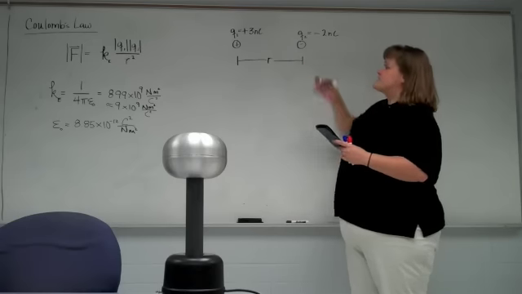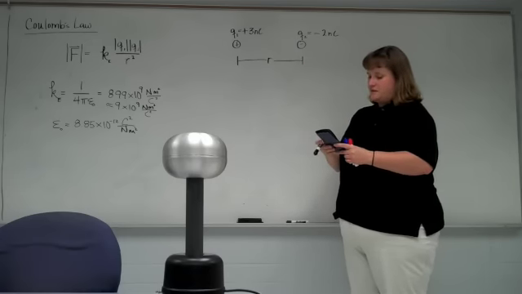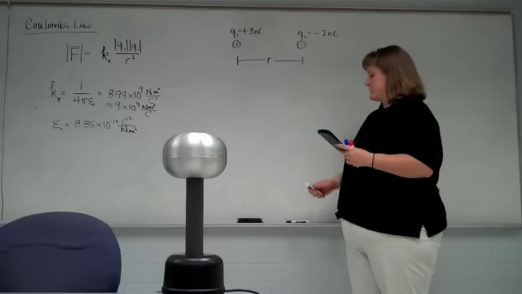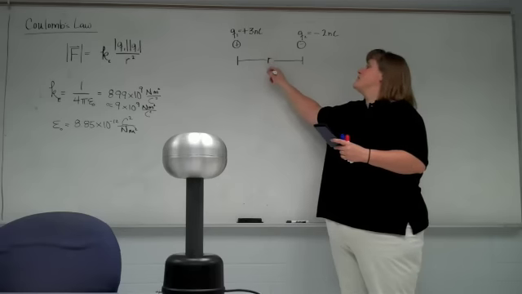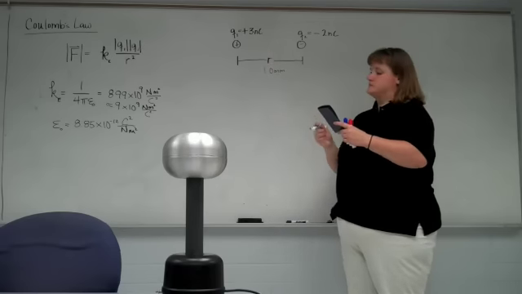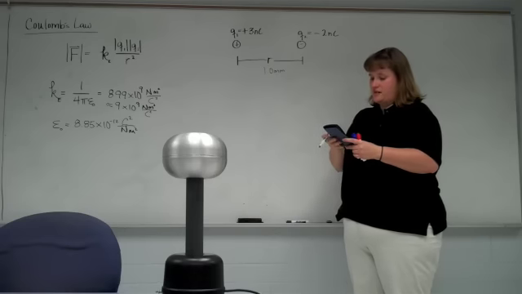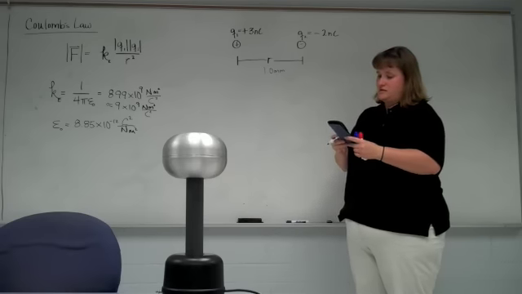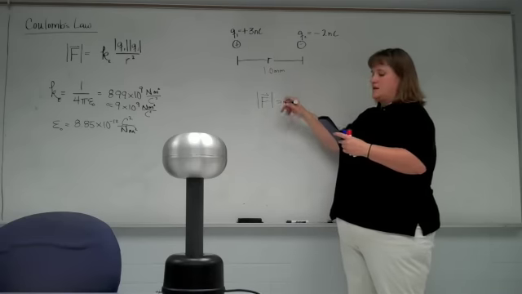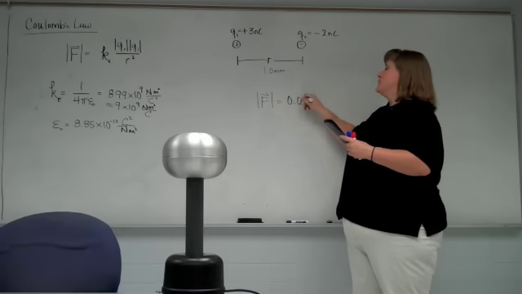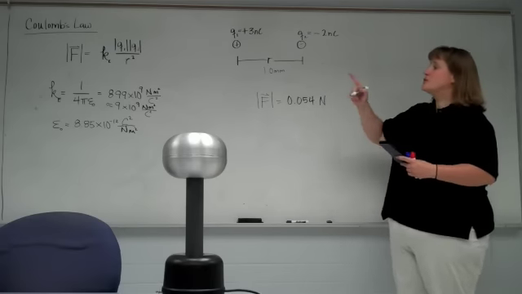I'm just going to use the magnitude, so times the 2 times 10 to the negative 9. Divided by, I guess we need a distance. That would be helpful. Let's say they're 1 millimeter apart. So 1 times 10 to the negative 3 quantity squared. The magnitude of our force is going to equal 0.054 newtons.